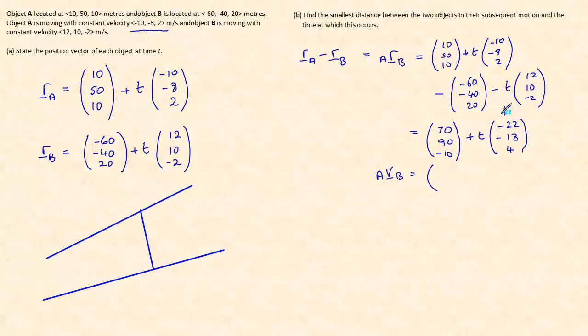That's just this vector here: (-22, -18, 4). The shortest distance we're after happens when these two vectors are perpendicular. So we want ARB dot AVB is equal to 0.